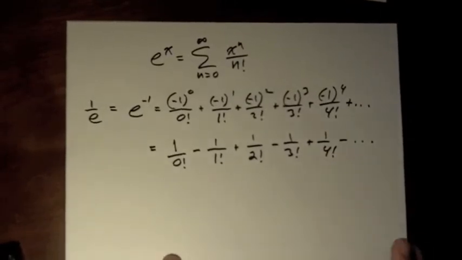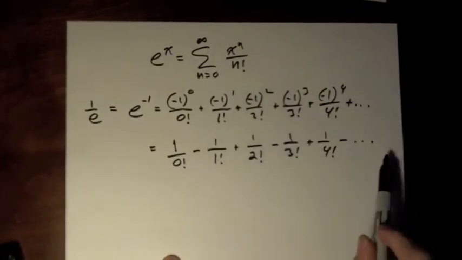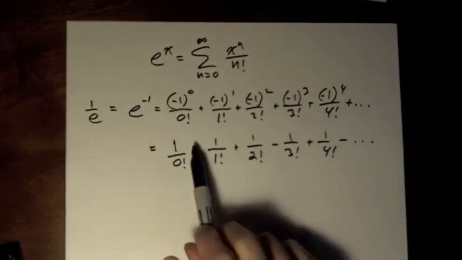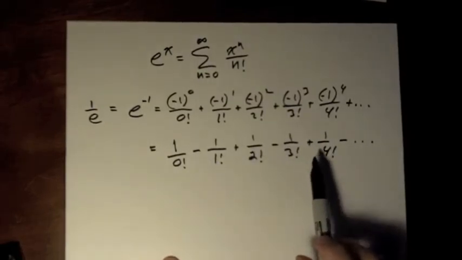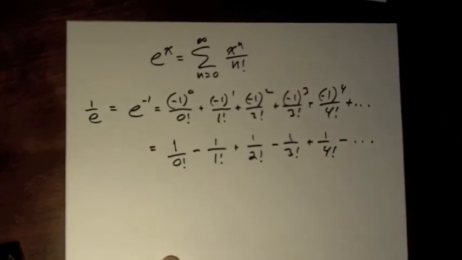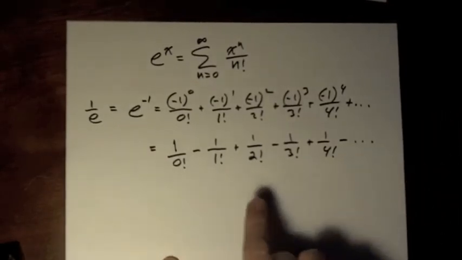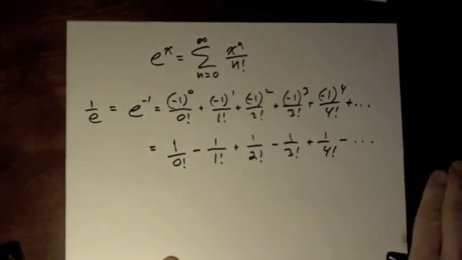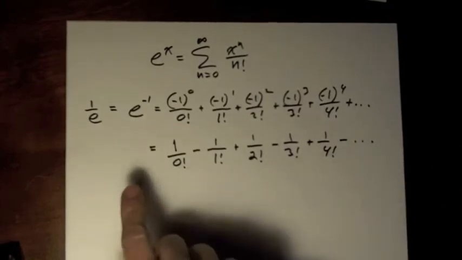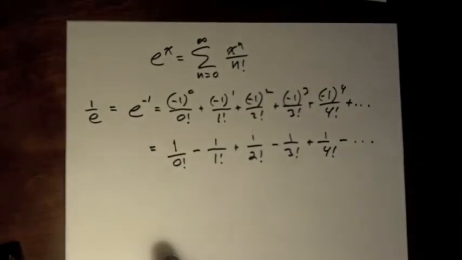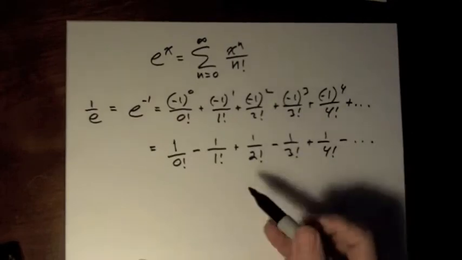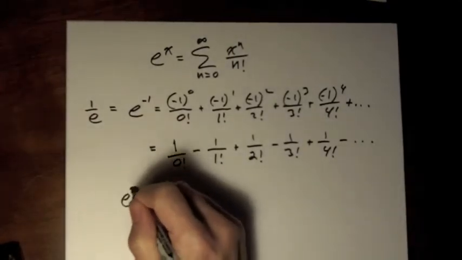Remember, yesterday we said that e was equal to something that looked like this, except all pluses. So how weird is that? You go back to the series that is e, flip the sign of every other term, and you get 1 over e. Pretty weird.